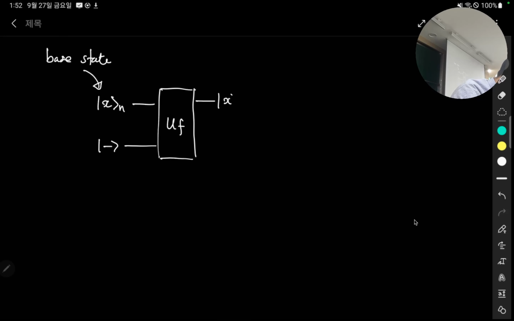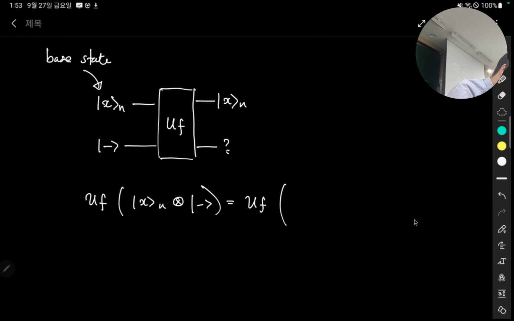The base state does not change. What happens here is something weird. Let's take U_f on x tensor minus. If I expand this, it is x tensor 0 minus x tensor 1.